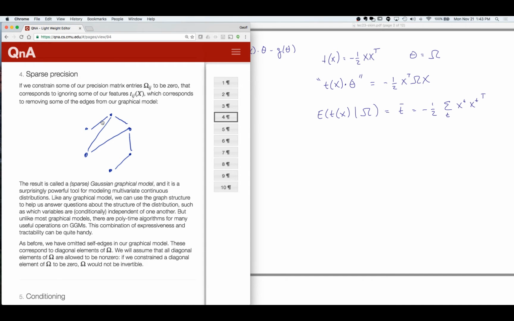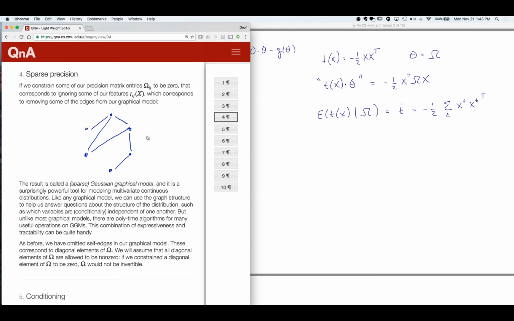And this is now going to be a pretty interesting graphical model. It's called here a Gaussian graphical model. If you want to emphasize that it's missing some edges, you say a sparse Gaussian graphical model. And it's actually a pretty powerful tool for modeling a multivariate continuous distribution.